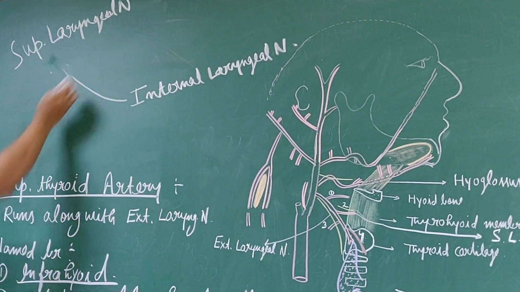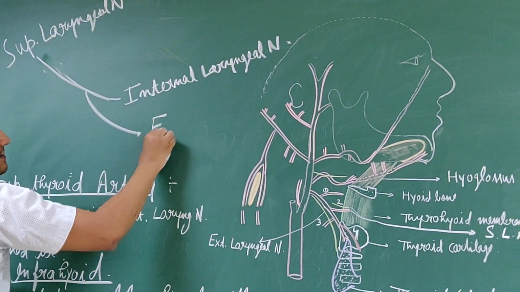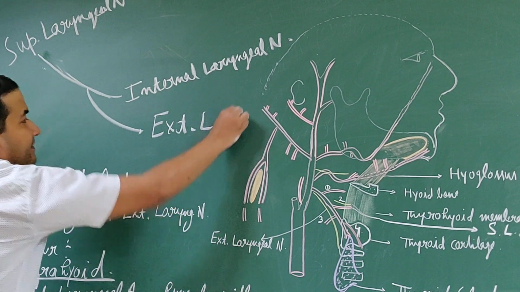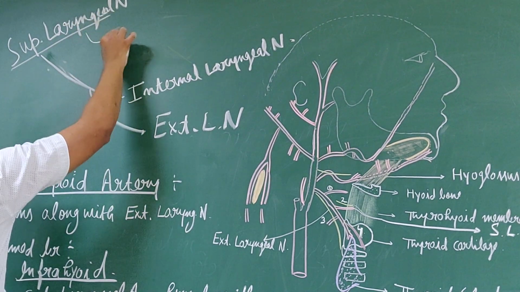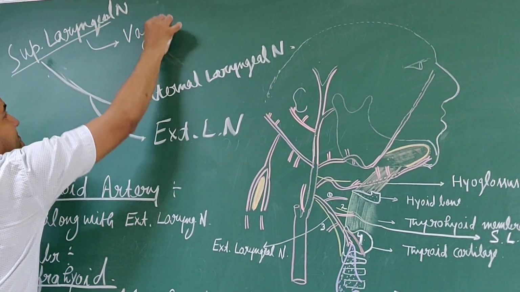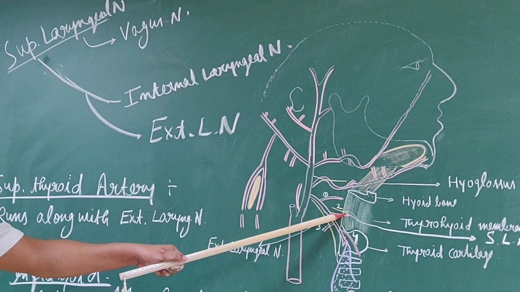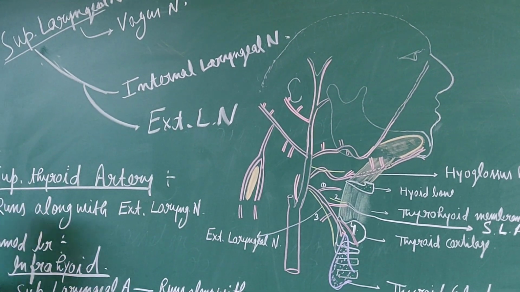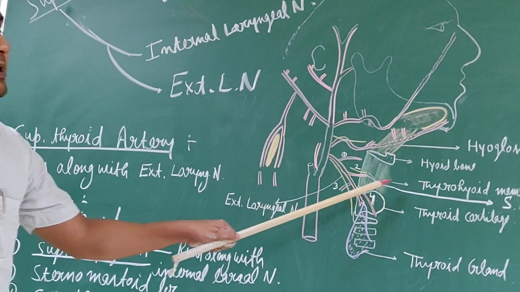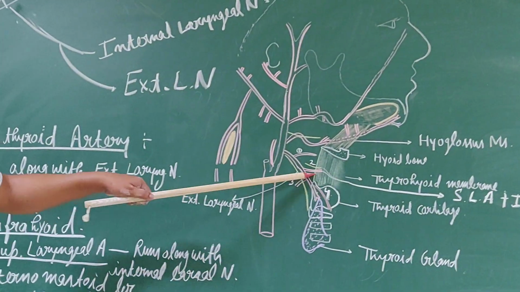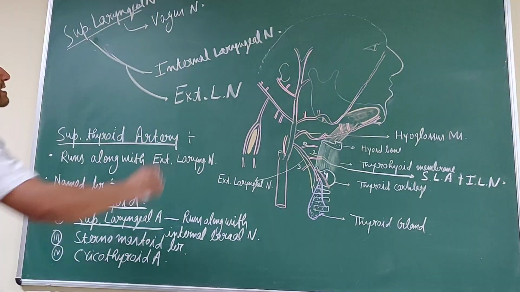The superior laryngeal nerve divides into the internal and external laryngeal nerve. The superior laryngeal nerve is a branch of the vagus nerve. So this internal laryngeal nerve along with this superior laryngeal artery pierce this thyroid membrane and enter the laryngeal cavity, and they supply the larynx.